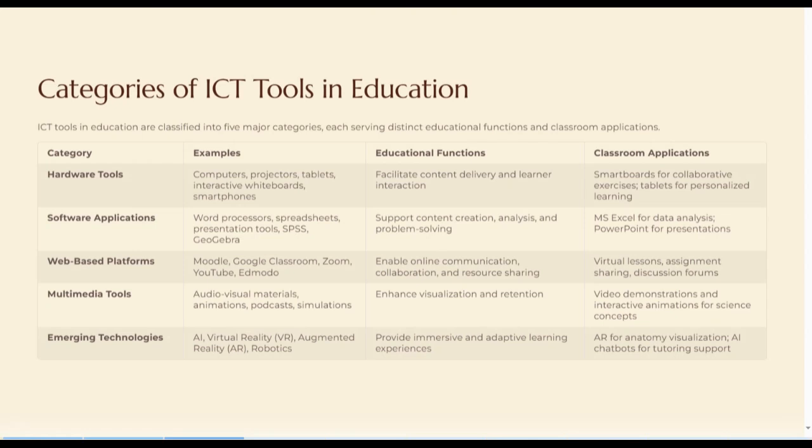This group of hardware tools majorly facilitates content delivery and learner interaction. For example, the smartboard can be used for collaborative exercises in the classroom, while tablets, personal portable devices, can be used for personalized learning.